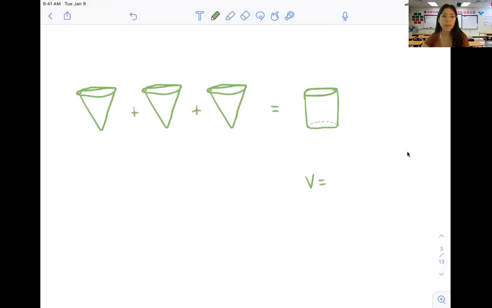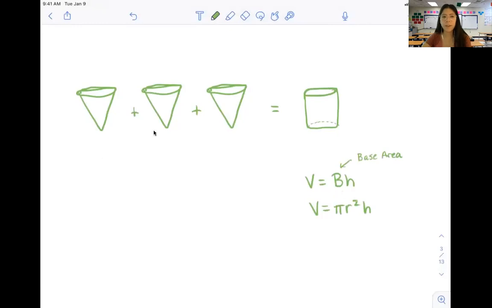Pi r squared times height. Now, we can also call it B times H, but we know that B represents the area of the base. And since the base is a circle, that's going to be pi r squared H.